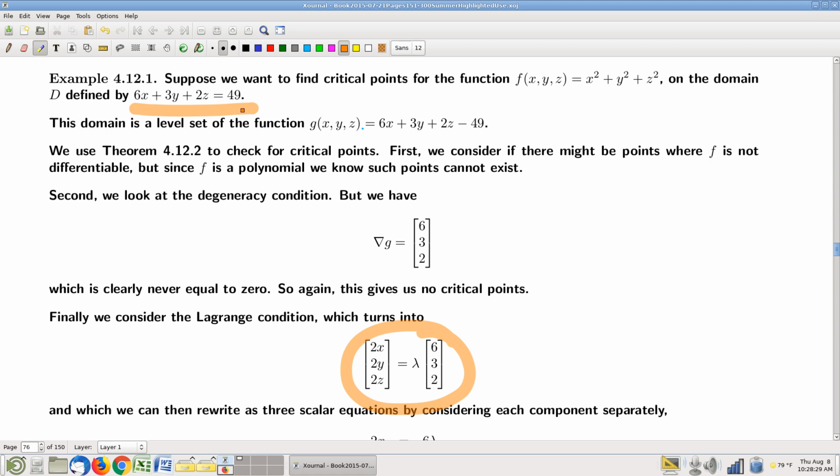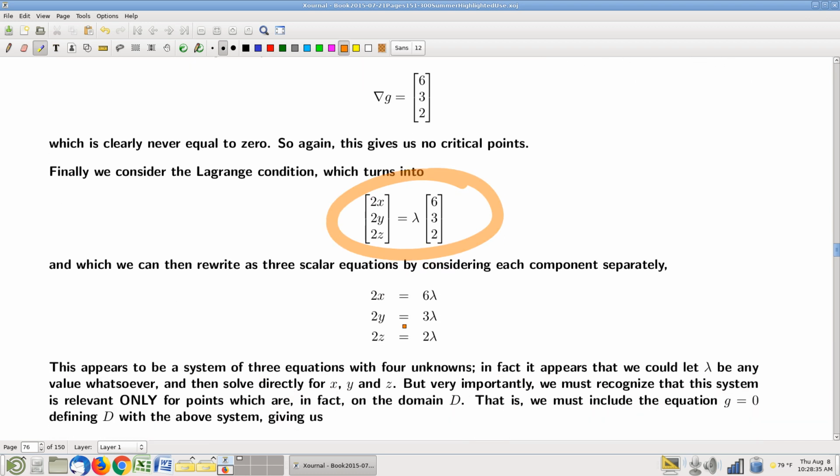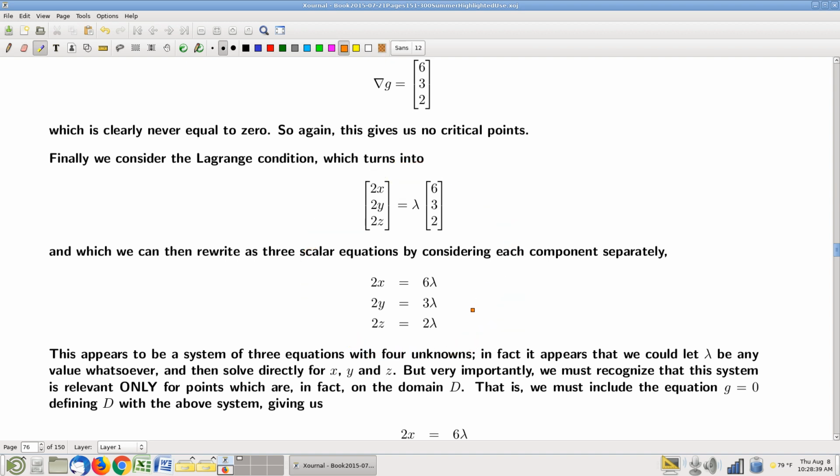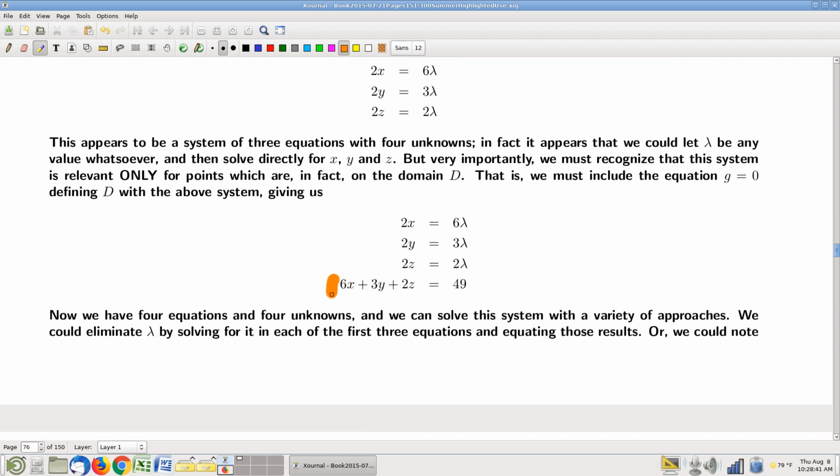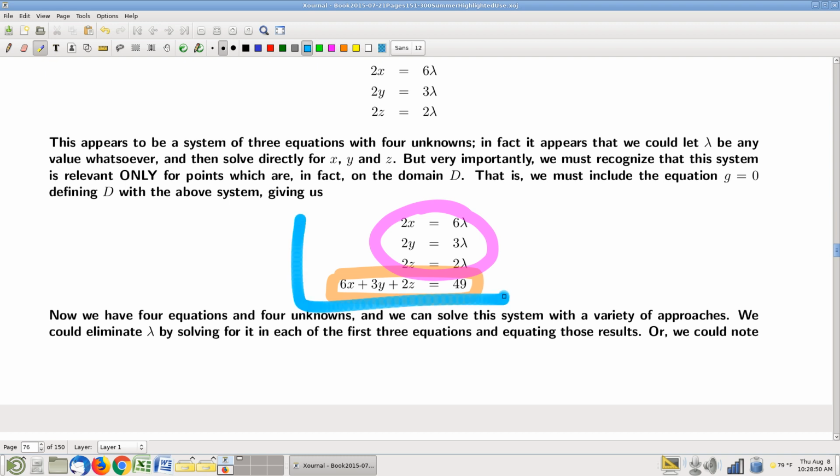So we don't just solve this algebra. You've got to add to that algebra the original constraint condition in with your Lagrange conditions, and it's all of this together that you're interested in actually solving to find Lagrange critical points.